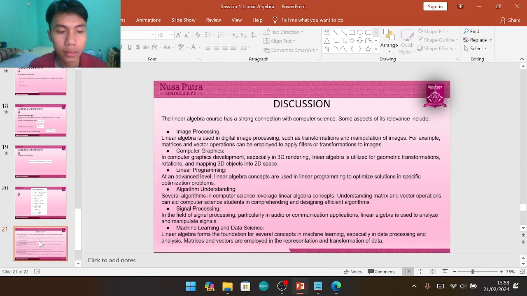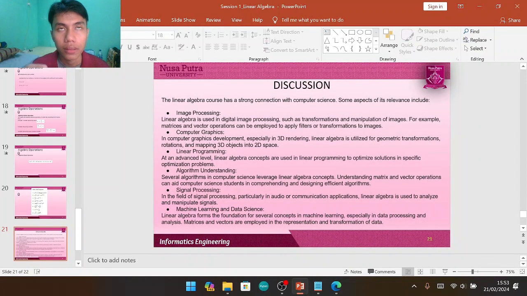Okay, let's get to the discussion about what the relationship, what the connection is, between linear algebra and informatics. The linear algebra course has a strong connection with computer science.